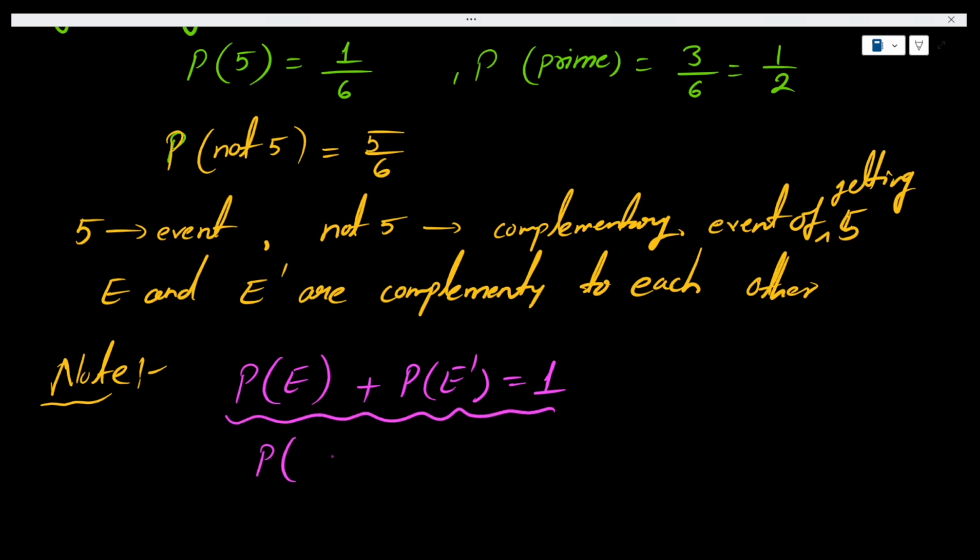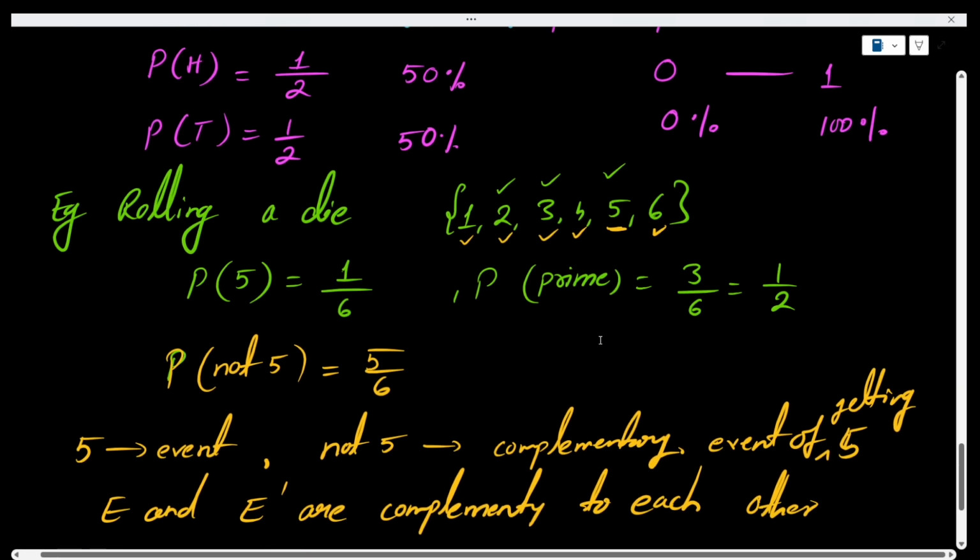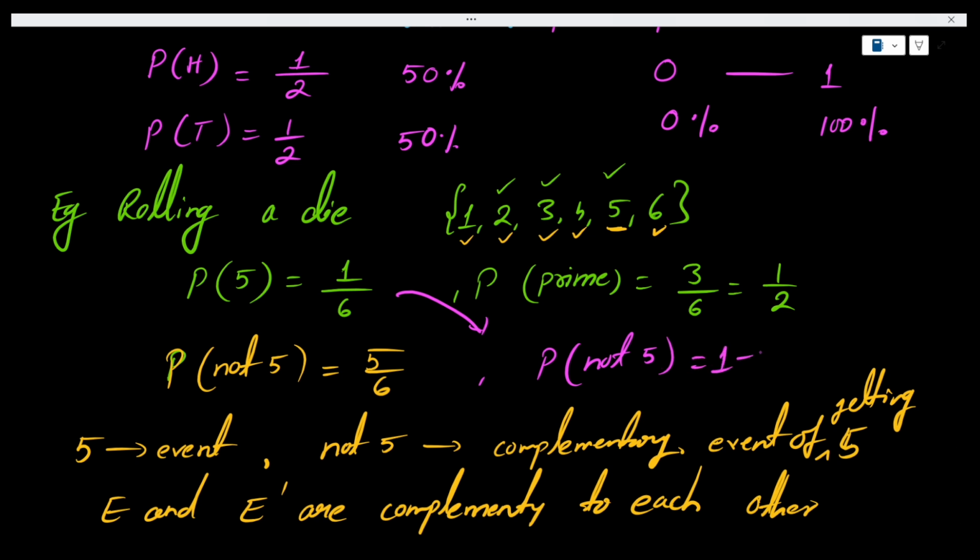A complementary event can be written as not E, P of not E, or E dash. So this is going to be 1 minus P of E. When I am finding P of not 5, because I have 1 by 6, using that formula I can write 1 minus 1 by 6, which is 5 by 6.